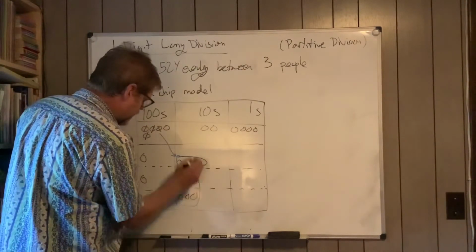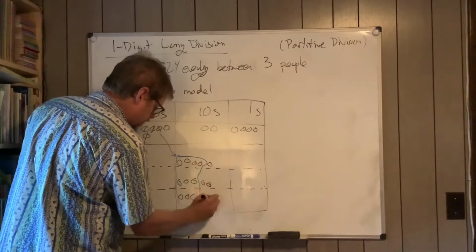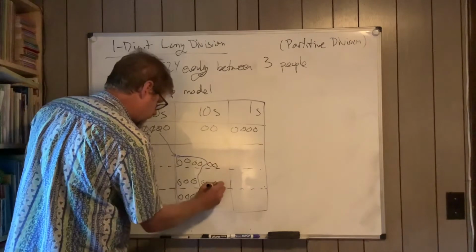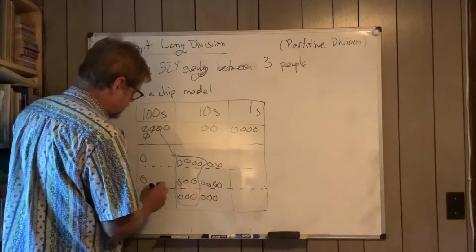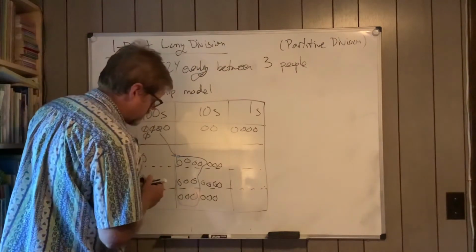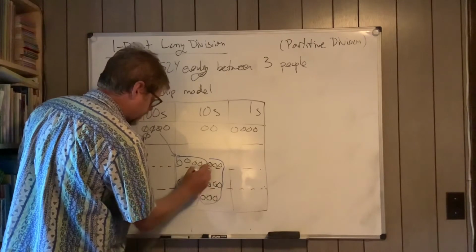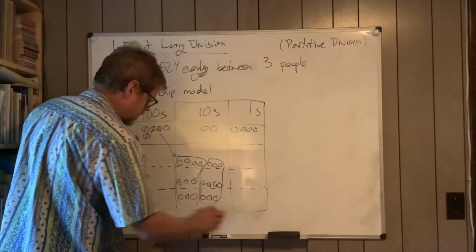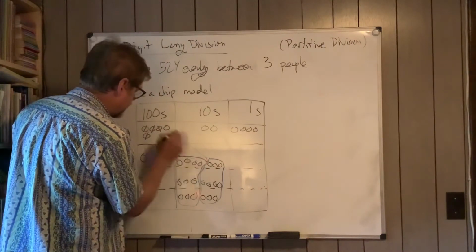So now I've got that one. 1, 2, 3, 5, 6, 7, 8, 9, 10. Okay, and notice that I'm trying to keep the grouping the same. So that's there and that's crossed out.